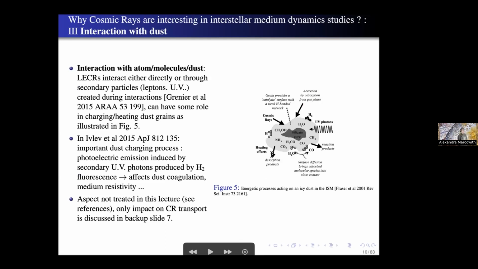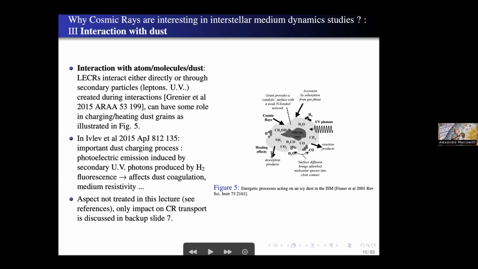One aspect I will not treat at all is the impact of dust. There is also a growing amount of work, both theoretical and experimental, on dust particles with a flow of energetic particles, which you can term cosmic rays. So cosmic rays are important for the charging and heating of the dust. Here you can see this reference.